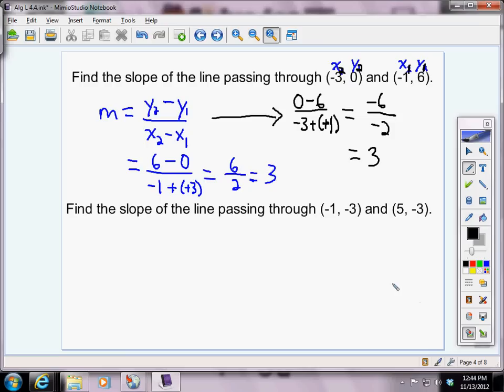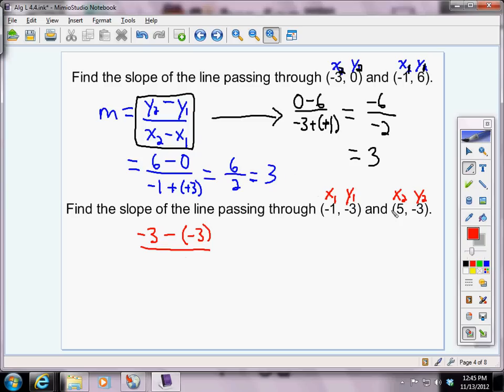Let's look real quick at another example. Okay, we're going to use the same formula right here. So label your points. I find it easiest just to label my points first, and plug them into our formula. Our y2 is a negative 3 minus, I always write the minus right away, and then I go back and find our y1, which is a negative 3.